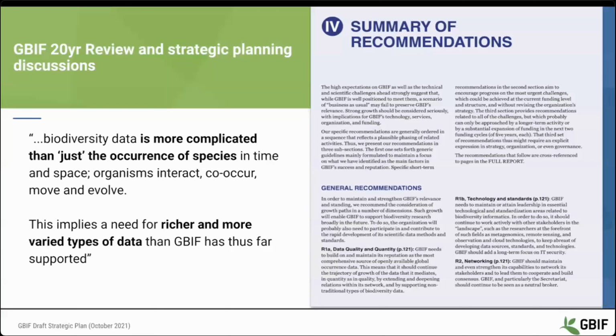A series of ensuing workshops resulted in a strategic plan that acknowledges the issues around the complexity of biodiversity data and identifies the need for accommodating more varied types of data.